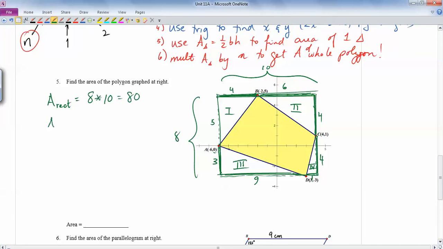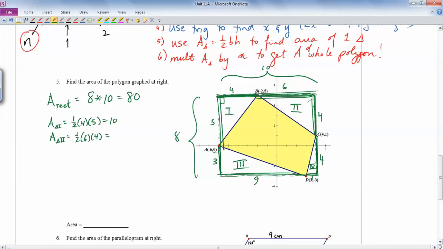And then area of triangle 1 is going to be 1/2 base times height. And since it's a right triangle, we can think of the 4 as the base and the 5 as the height. So 1/2 times 4 times 5, which is 10. Area of triangle 2 is going to be 1/2 its base, 6 times 4.